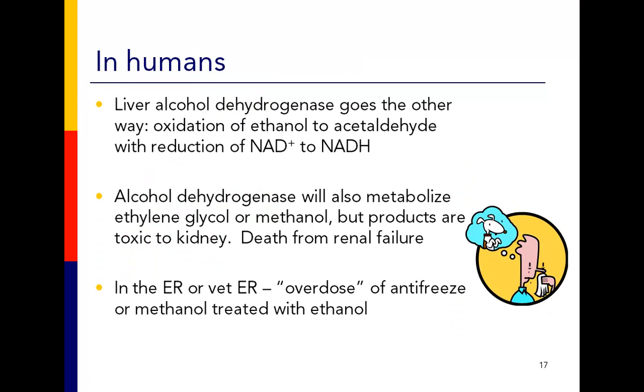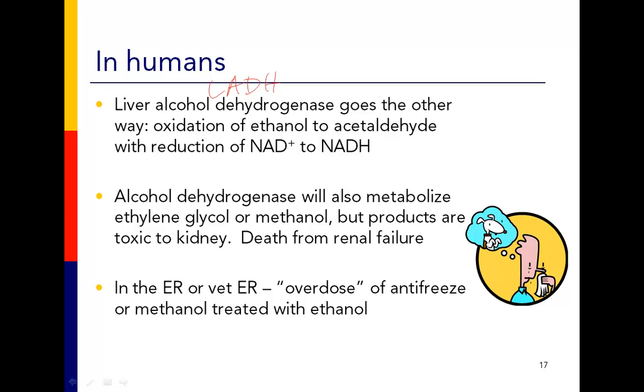So we metabolize ethanol. So can we metabolize methanol? We can, but it's not good for us. Okay, so the problem with liver alcohol dehydrogenase, LADH, instead of yeast alcohol dehydrogenase, YADH, is it's not as specific as we would hope.